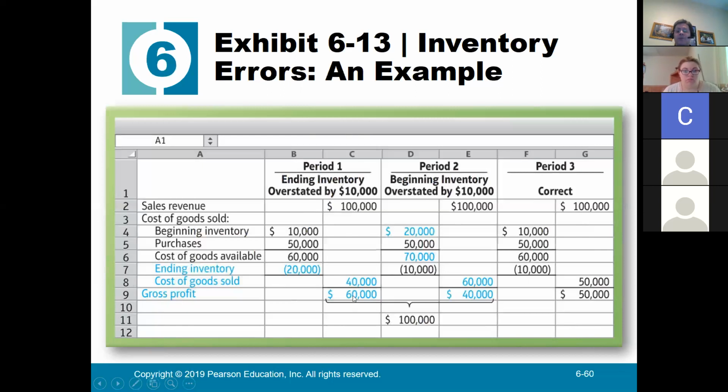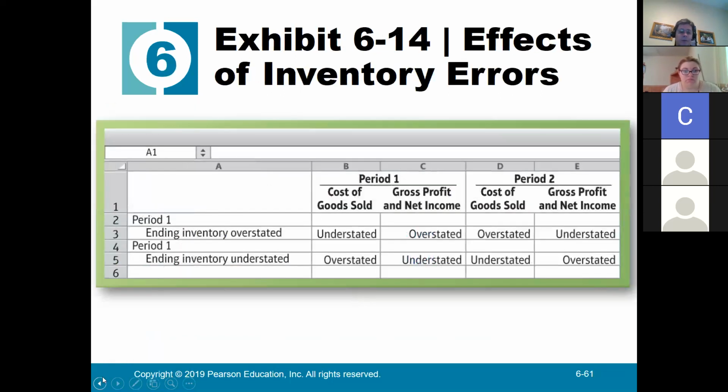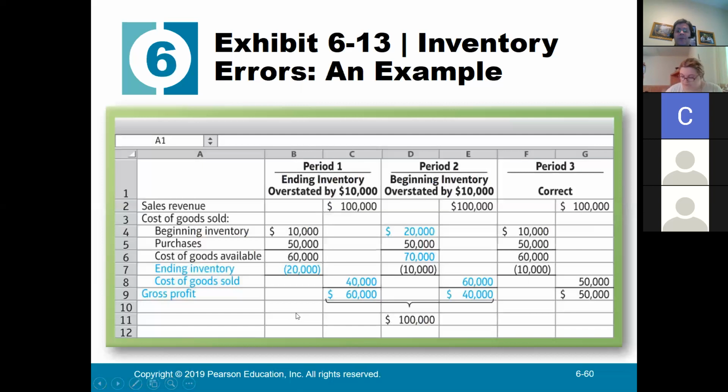Our gross profit is wrong. And our net income, of course, that year is wrong by the 10,000 that were wrong on inventory. Not only is that year incorrect, but that 20,000 comes over here, and this is wrong.